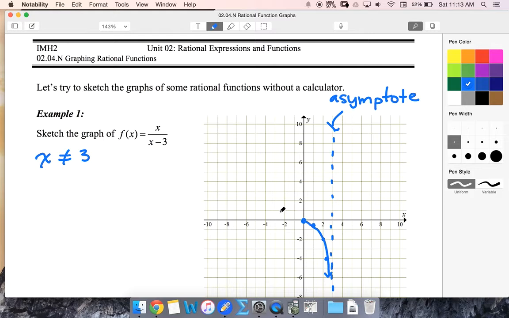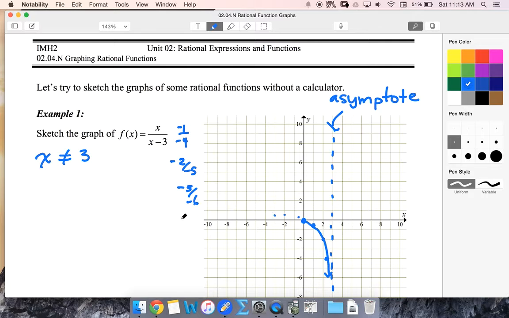Thinking about what's happening on the other side, if I plug in -1, I would have -1 over -4, so that's 1/4. If I plug in -2 over -5, that's 0.4, so that's a little bit bigger. -3 over -6 is 0.5, a little bit bigger. Let's pick one further down.